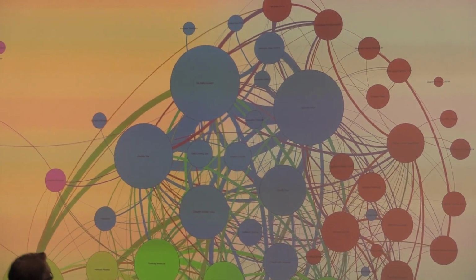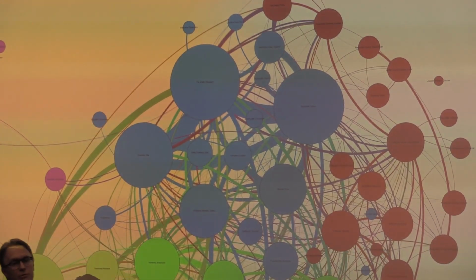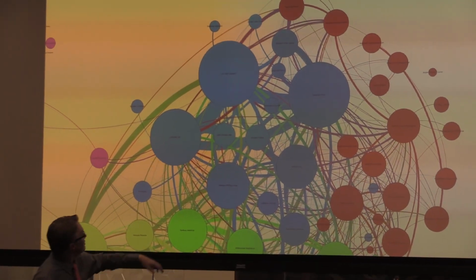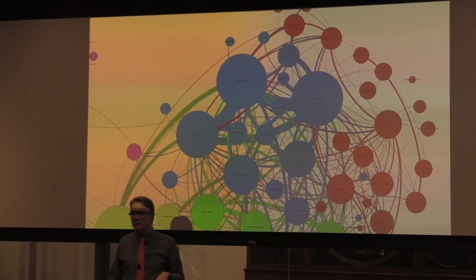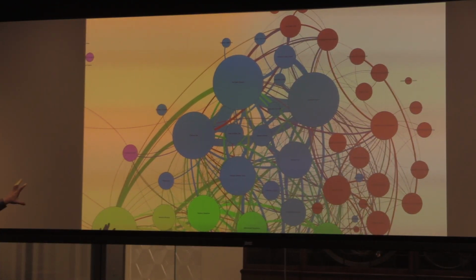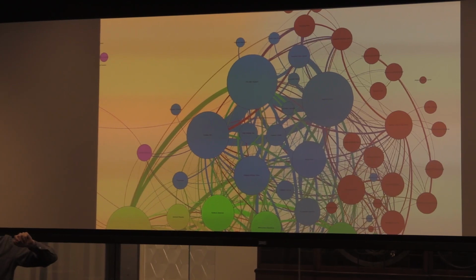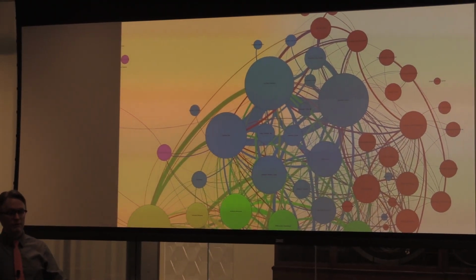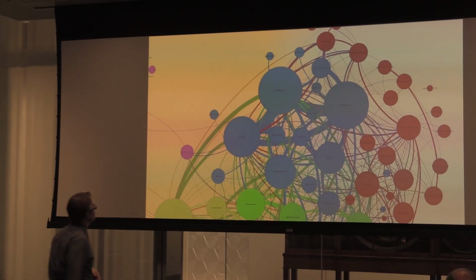And so in this graph, even these very thin lines represent at least 100 shared texts within the dataset, and these very thick lines represent tens of thousands of shared texts between the two newspapers. The colors are an attempt to automatically identify communities, so groups of newspapers that were frequently reprinting the same text.